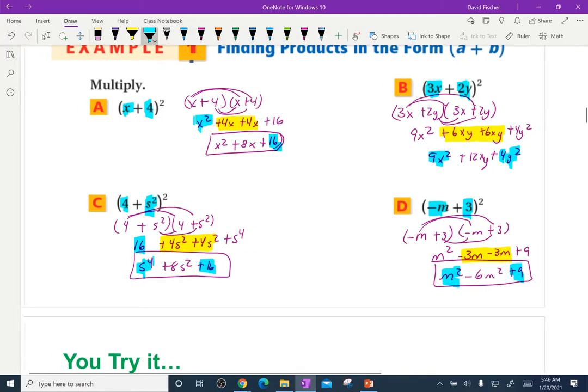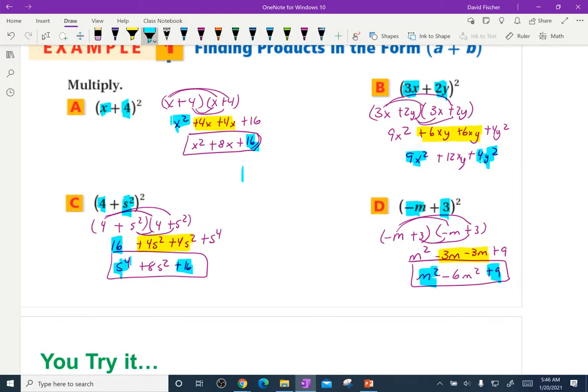So we call these perfect squares, and we can take a little bit of a shortcut. Here's the rule. Step 1. Square the first term. Step 2. Square the last term, or the second term.